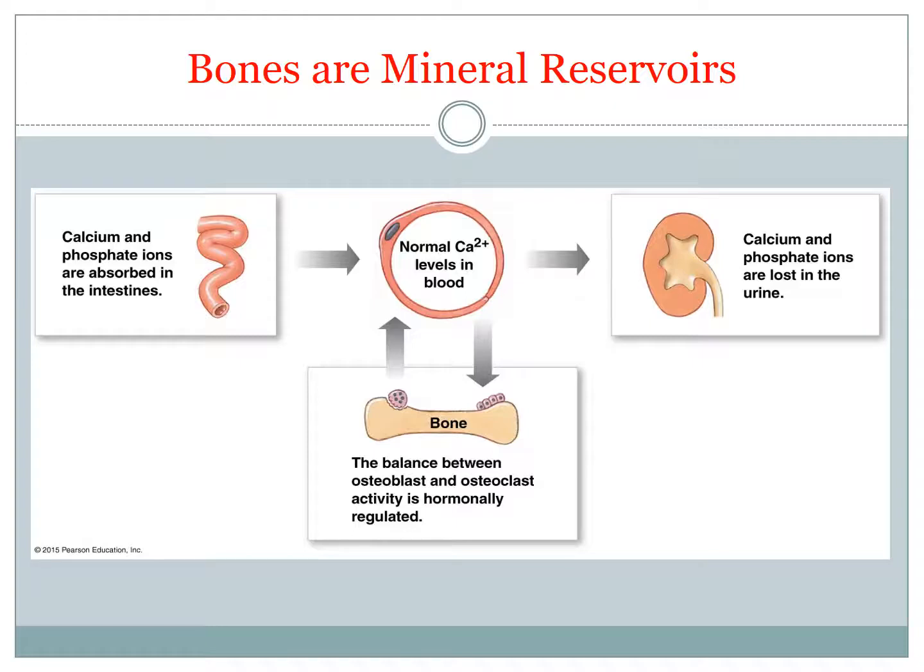The remodeling of bones is under negative feedback hormonal control. So there's a balance going on between osteoblast and osteoclast activity within our bones, and calcium and phosphate ions can be absorbed in the intestines and can also be lost in our urine. All three of these processes help to maintain normal calcium levels in our blood.